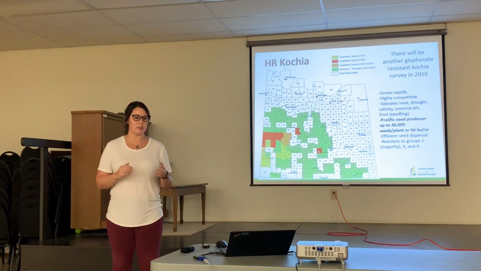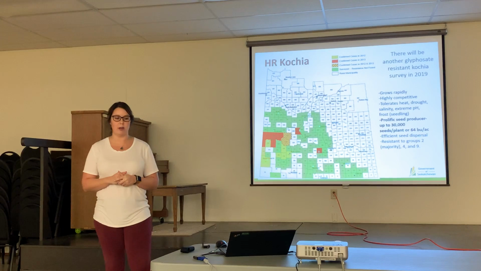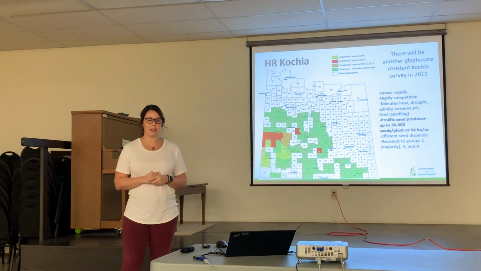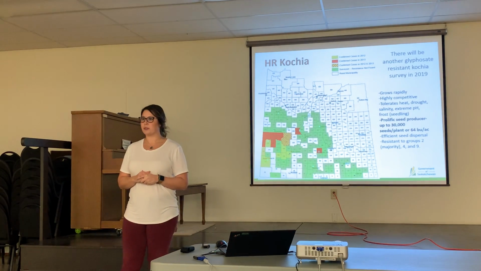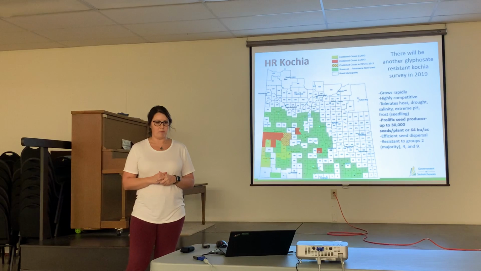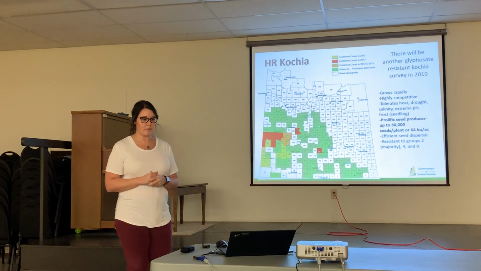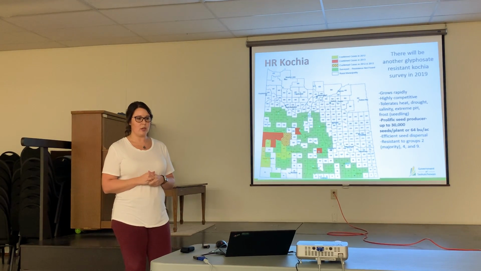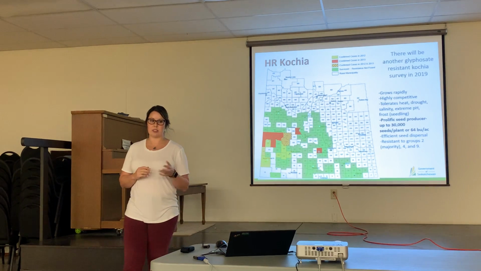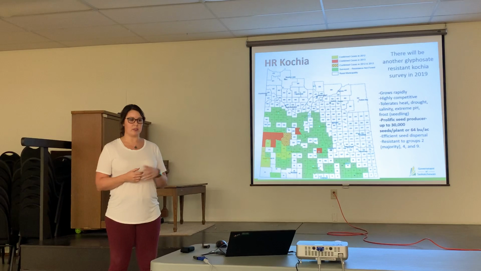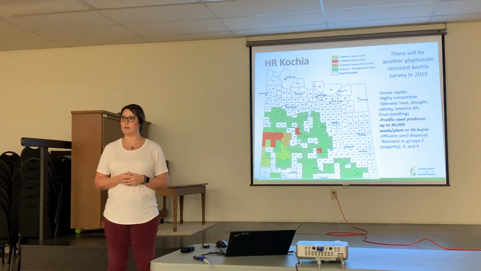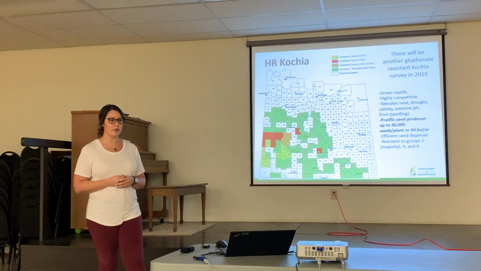Maybe it wasn't a few years ago, but it sure is now. It's actually very difficult to find kochia that is not resistant to group 2s now. This map is from a glyphosate-resistant kochia survey, but it's fairly safe to say that most of the kochia that was found is resistant to both.